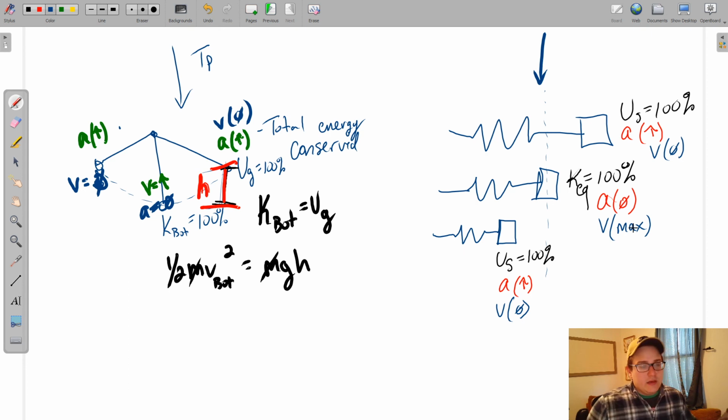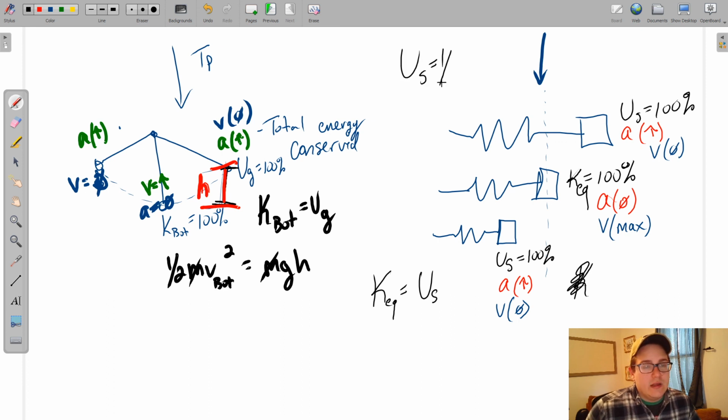So let's unpack that a little bit. What can we say about here? So here we did the math for a pendulum. Let's do this now for a spring system. So K at equilibrium is going to equal spring potential energy. Now, spring potential energy is something we haven't unpacked yet, and that is 1/2 kx squared.